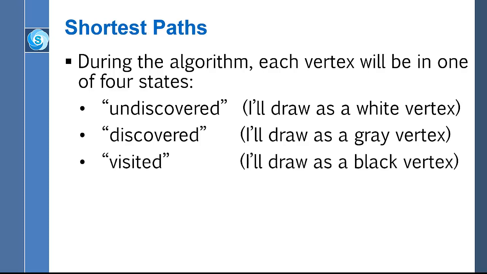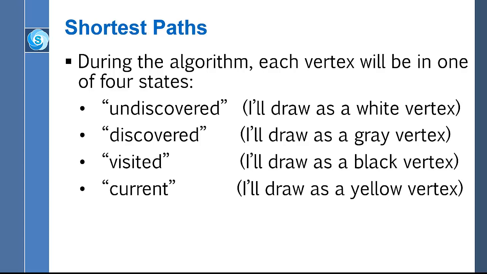After a vertex is discovered, it might later on be processed, or we also say visited. Visited and processed really mean the same thing here. Once a vertex has been processed, I'm going to represent it in the graph as a black vertex.